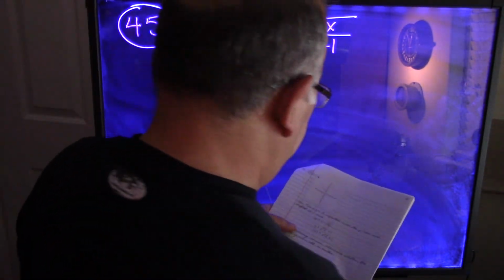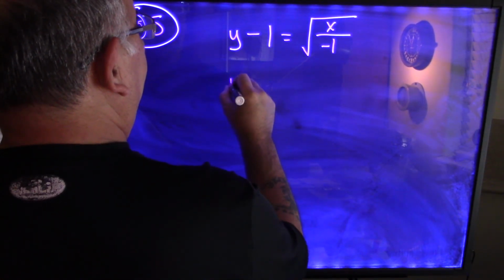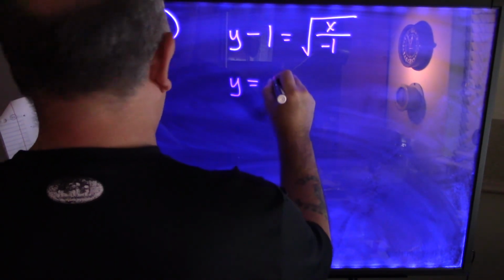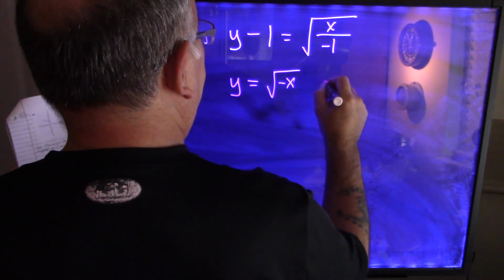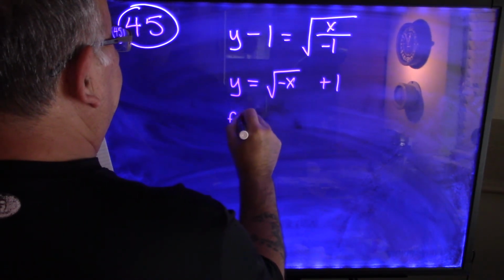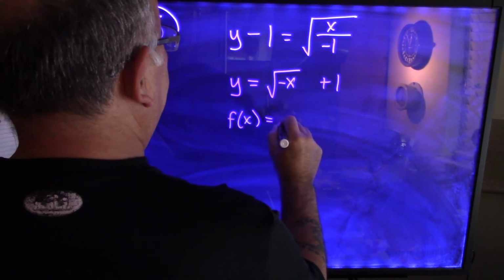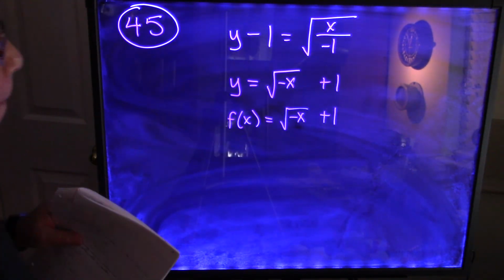So simplifying this a little, move that to that side. You've got y equals square root of negative x and then plus 1. Or to agree with our book's answer, we've got f of x equals square root of negative x plus 1. Okay?